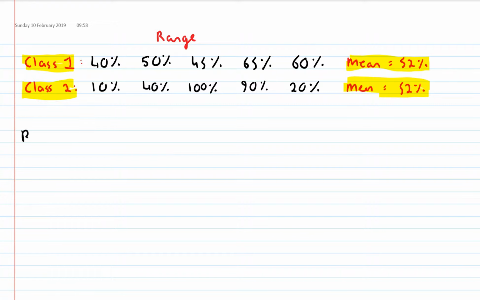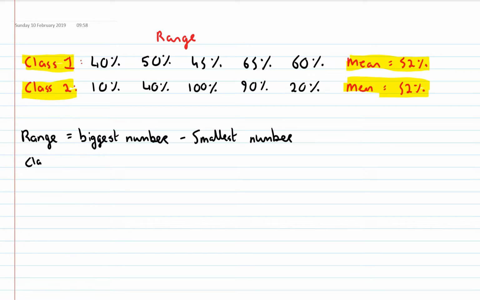And it's a very simple calculation. The range equals the biggest number minus the smallest number. So for class 1, it will be 65% minus 40%, which will give 25%.